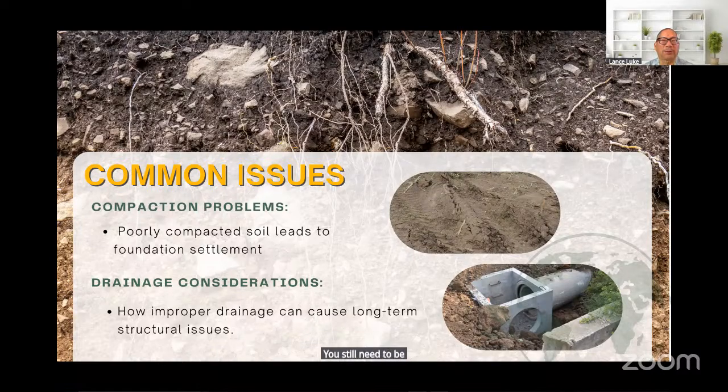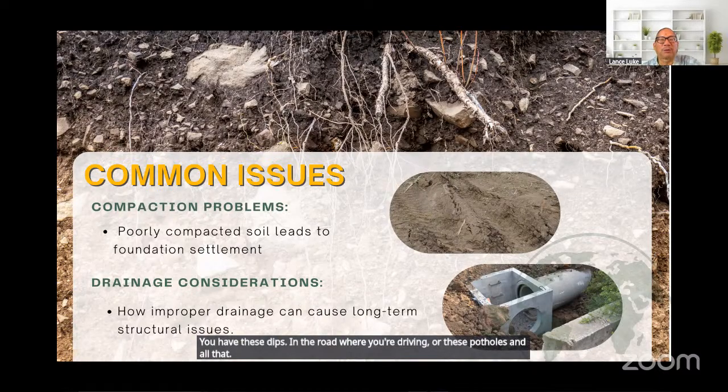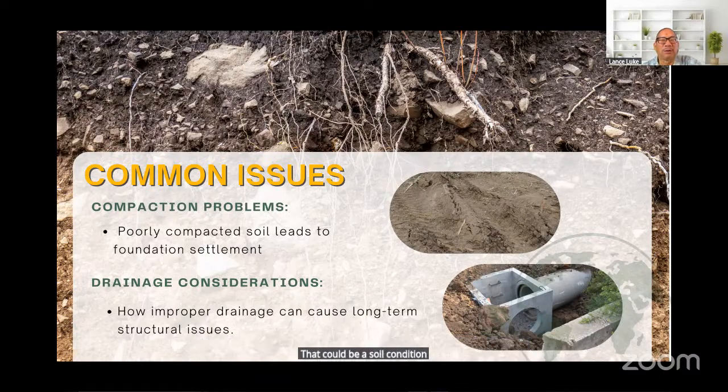If it's asphalt, have you noticed that when you're driving around a road or in a parking area of a shopping center, you have these dips in the road, or these potholes and all that? That could be a soil condition issue. It also could be a poorly laid asphalt or material problem, but most times it's a soil condition.